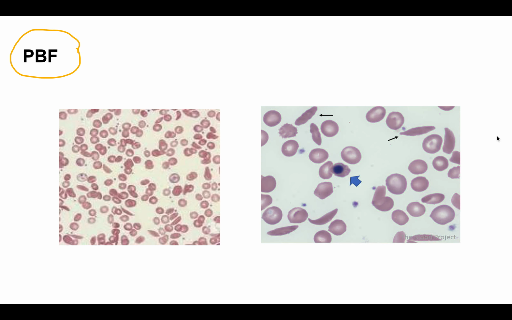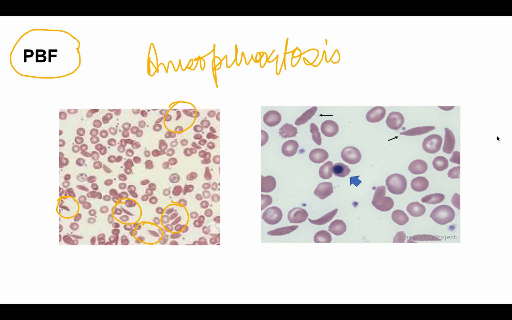Secondly, you can do a PBF in a patient. In the PBF you can see numerous sickle shaped cells. The cells will show marked anisopoikilocytosis and will contain some cells which are sickle shaped. Some target cells and some NRBCs can also be seen in a sickle cell anemia patient.